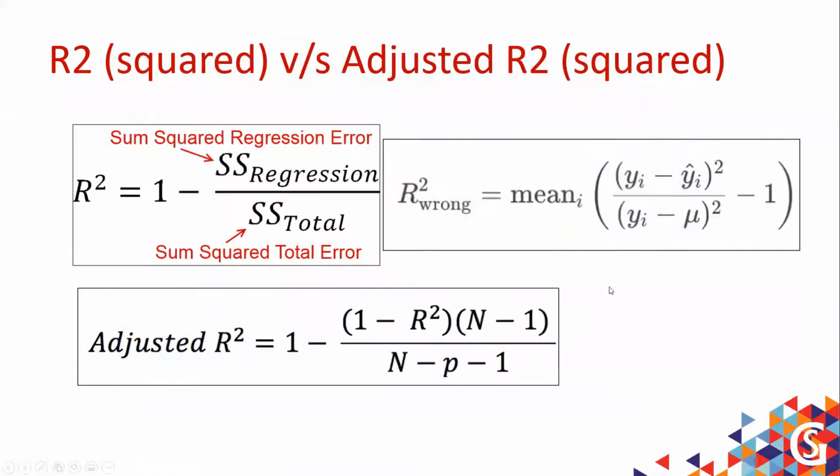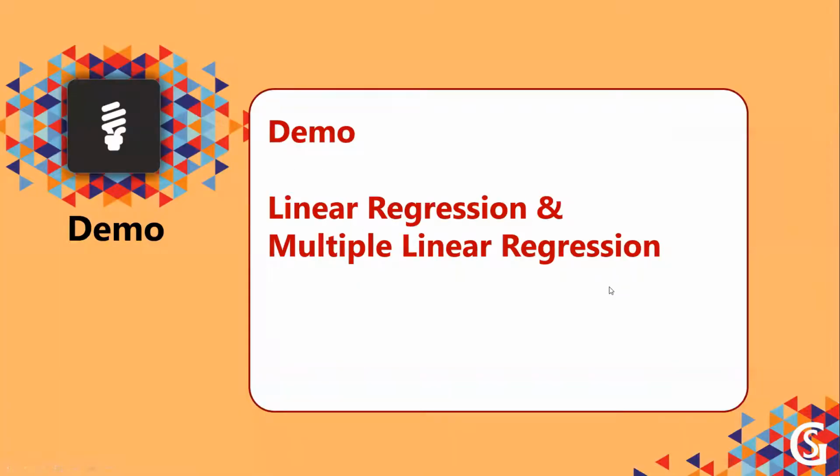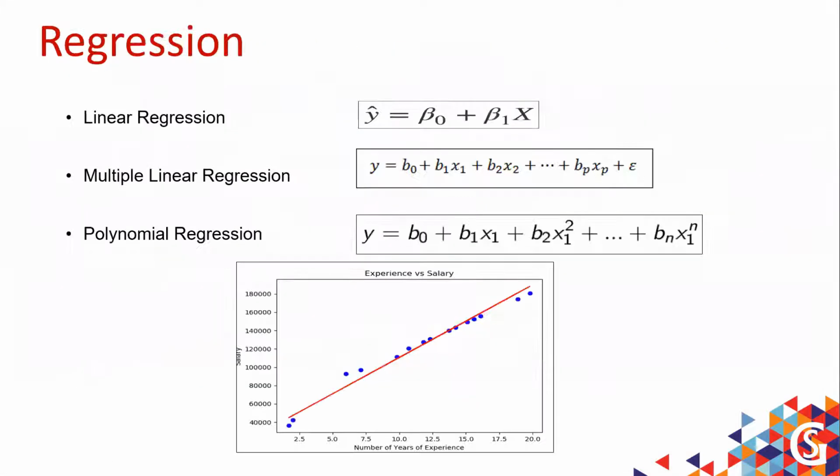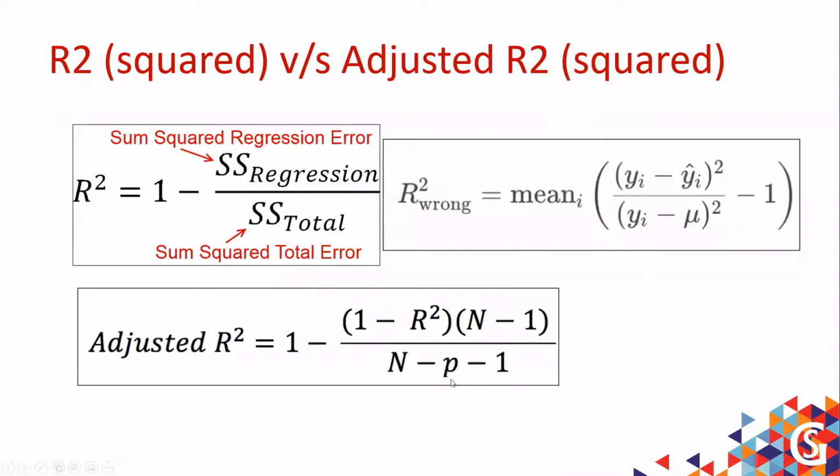And we talk about the adjusted R squares as well. The adjusted R square is pretty much like this R squared only. The reason why we bring in adjusted R squares is, if we go to multiple linear regression, there are multiple variables that come into the picture. Here p is the number of variables, and n is the number of rows that we have in the data.